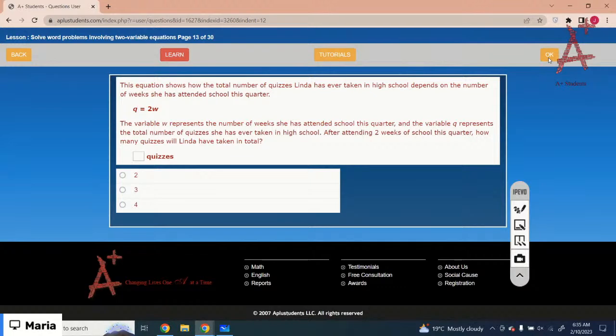So Q equals 2 times W and the W is 2. So 2 times 2 is, yes, very good. It is 4. Got it? So just select the correct option, then click on the OK button.